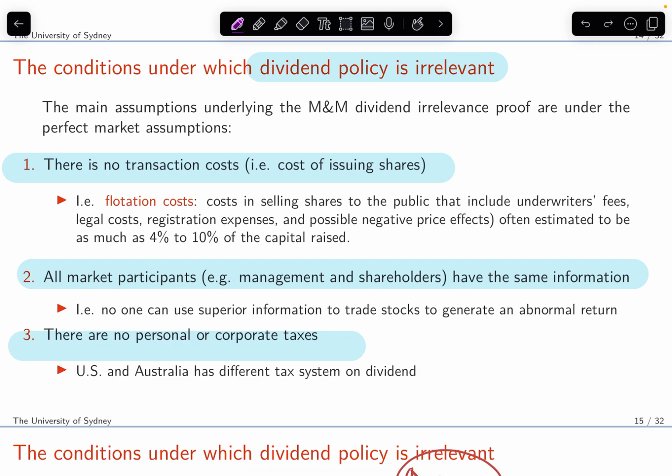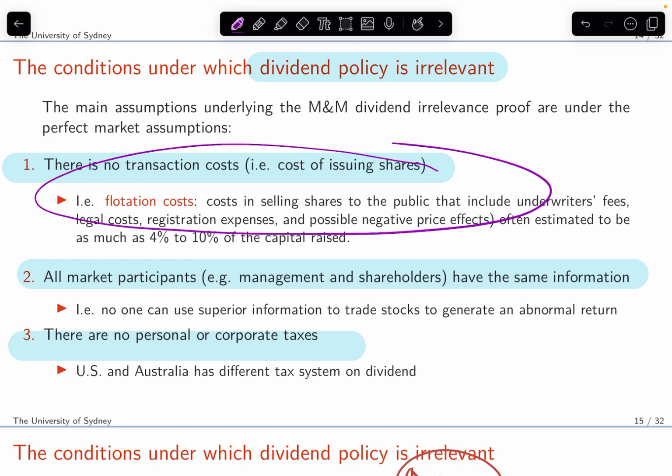Nowadays, even issuing additional shares, you would have to give investment banks around 5 to even 7 or 8% of the shares issued. So it's certainly very expensive. However, in M&M's dividend irrelevancy theory, there is no transaction cost.